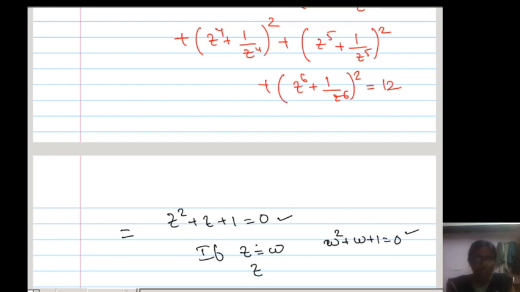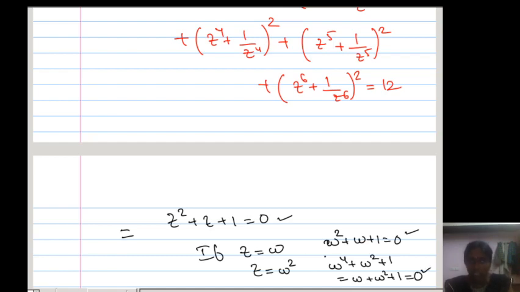Not only ω, you can also take z = ω². Then what happened? ω⁴ + ω² + 1. This is equivalent to ω⁴ means ω, plus ω² plus 1, again this is equivalent to 0.